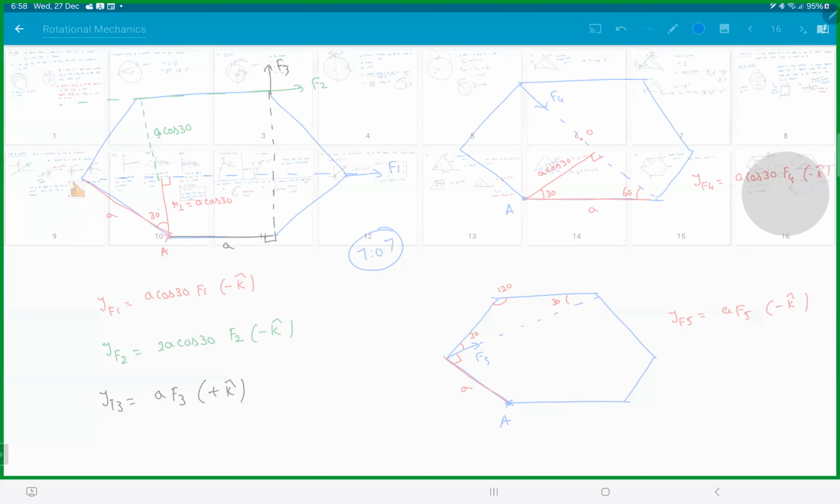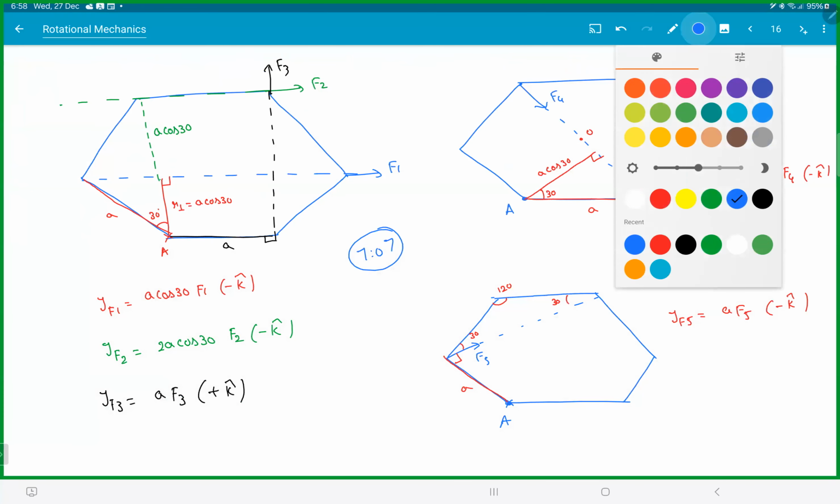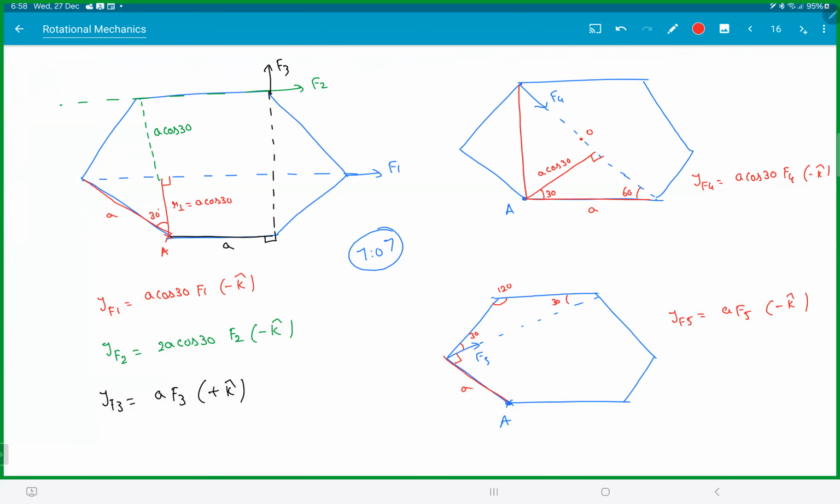F4, you are getting different by resolving forces. How did you resolve? You have to resolve like this, now. What is this angle? 30, right? This is 60. F4 cos 60, F4 sin 60. You should take F4 sin 60 into this perpendicular distance, which is 2a cos 30.